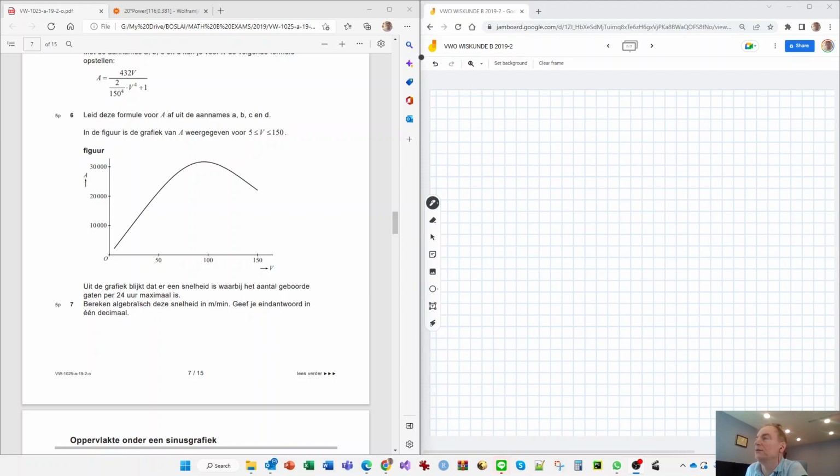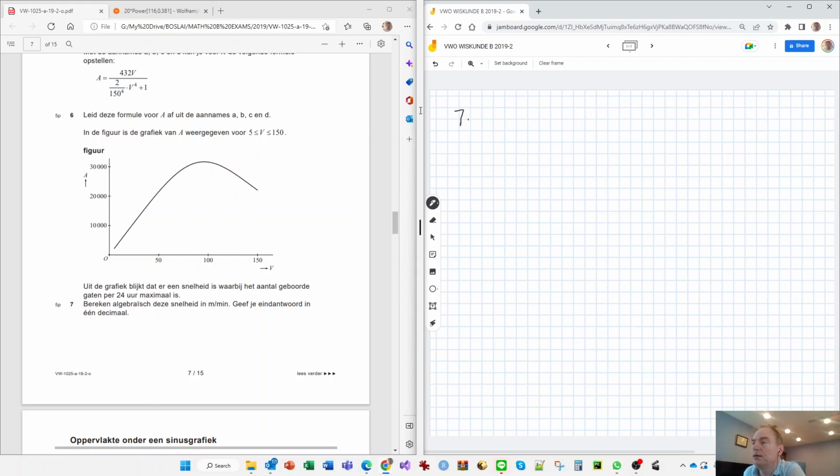Question 7. Now you can plot your A as a function of phi, and they show that curve. As you can see it has a maximum somewhere, so maximum output of your factory. If you go too fast, you keep replacing the drills, reducing output, but if too slow, you also get less total output.